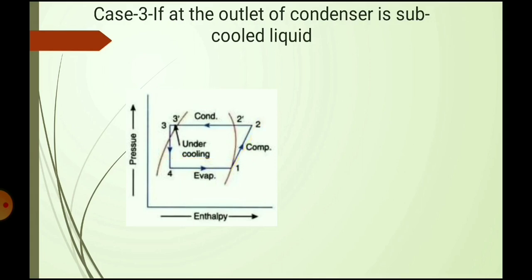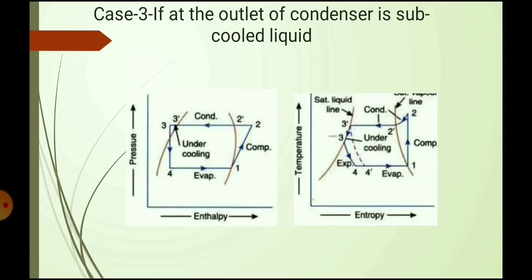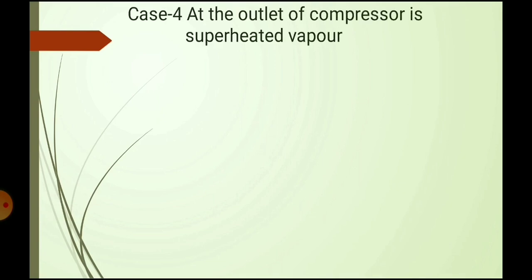Therefore the COP of the system increases, because COP is equal to refrigeration effect divided by work input. The refrigeration effect increases and work input remains the same. Due to this, the COP of the system increases. This is the TS diagram for case number 3.